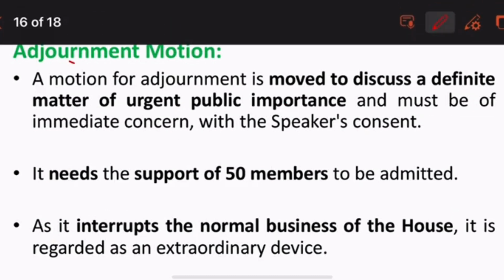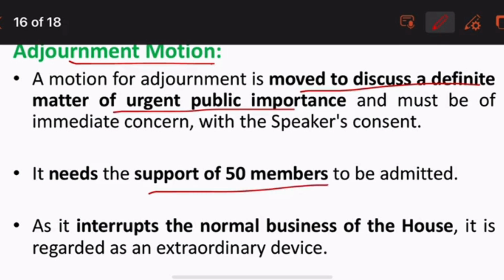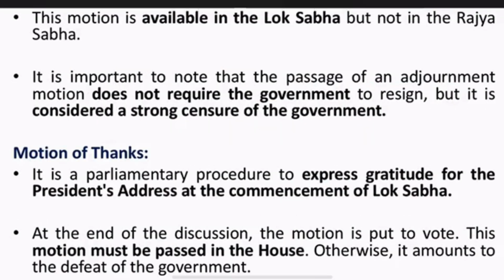See, all you need to know is adjournment motion. Remember, an adjournment motion can be moved only in Lok Sabha, and it is moved to discuss a definite matter of urgent public importance. It needs the support of 50 members. It interrupts the normal business of the House.